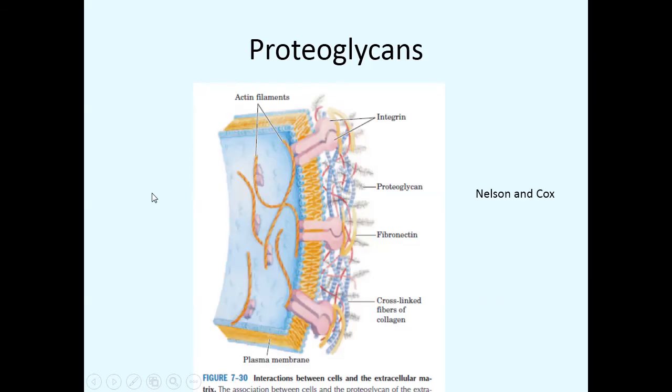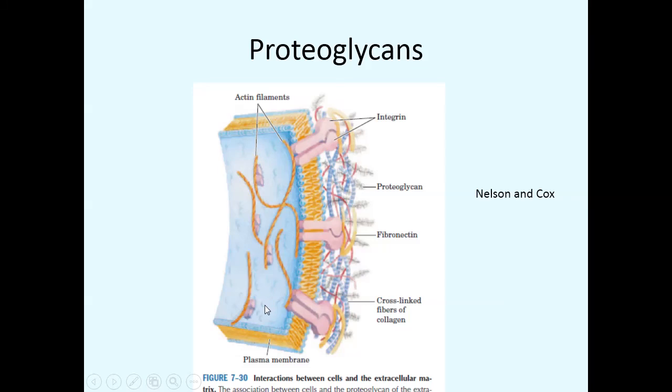In this next figure, you are looking at a cross-section of the cell membrane. This is the inside of the cell where you can see actin filaments, which are cytoskeletal proteins.